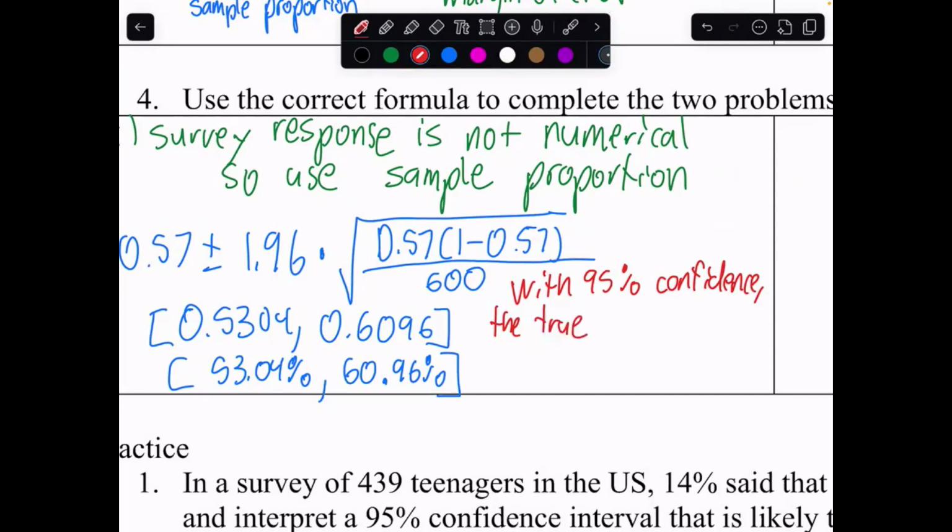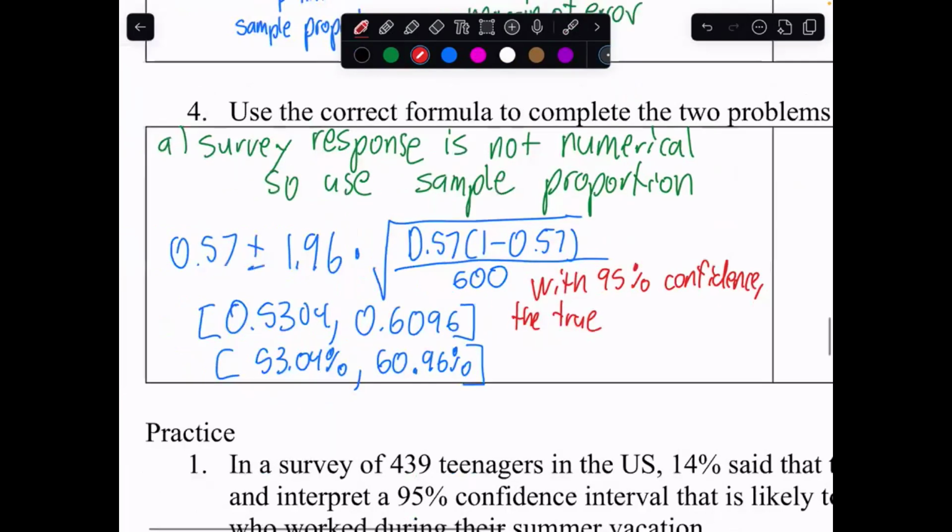You could say the true population proportion. I'll just say true percentage. And again, what are we measuring?